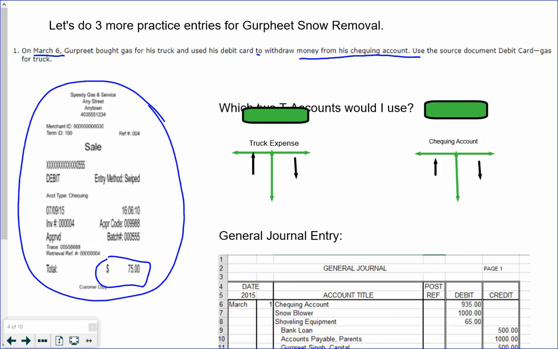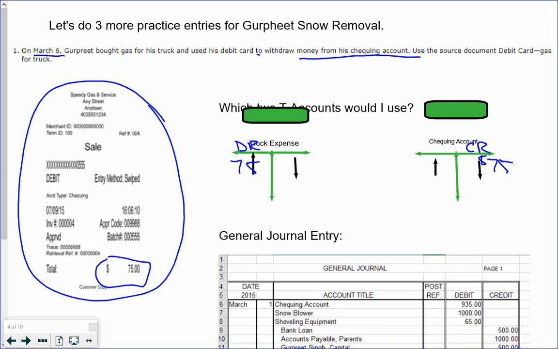The checking account and truck expense are the two accounts that we're using. Cash is going to go down by $75. It's being credited, which means truck expense has to be getting debited $75, right? Because you need one debit and one credit for every single thing that you do.